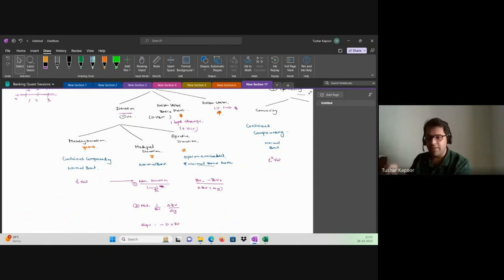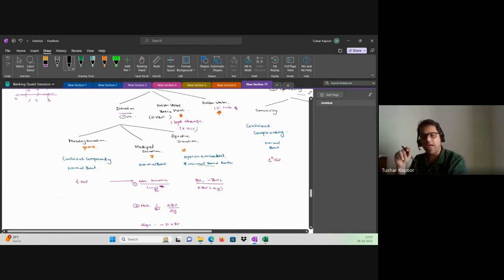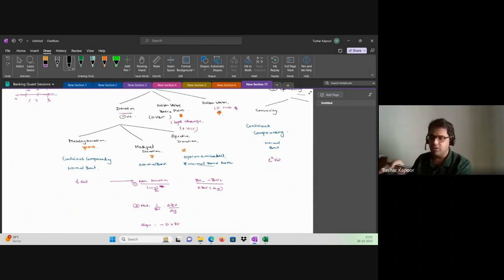Yes. If you're given that kind of information in the question, you can very well use the effective duration method. So think of it this way: modified duration cannot be used for an option embedded bond, whereas effective duration can handle both option embedded bonds and normal bonds.